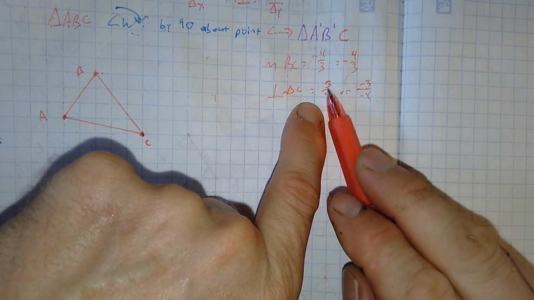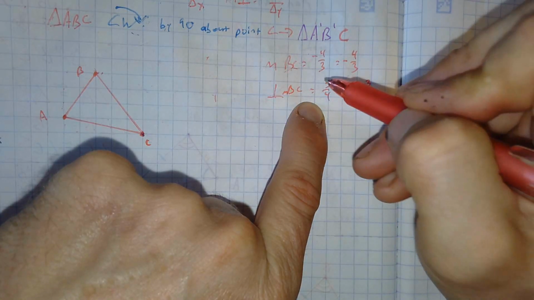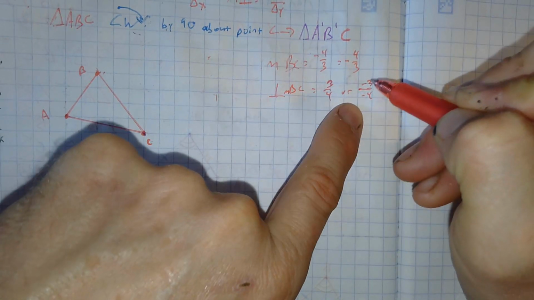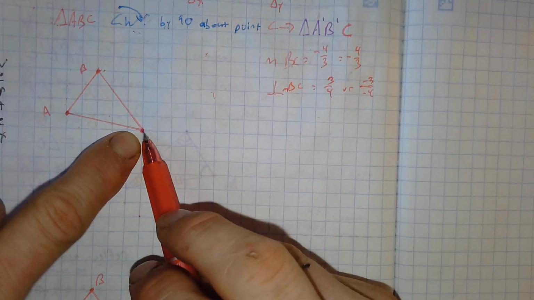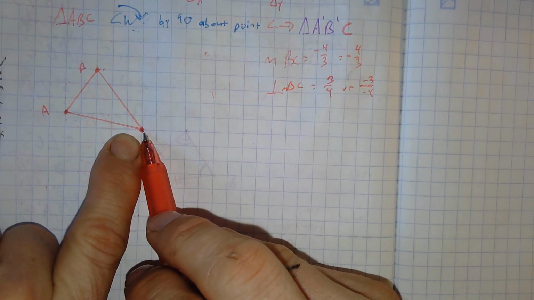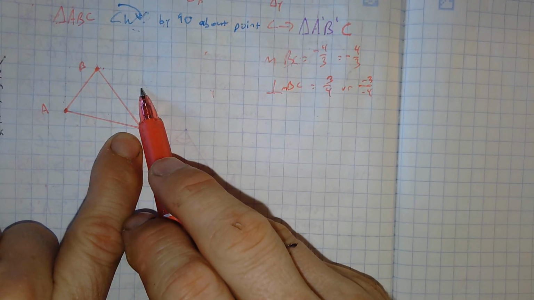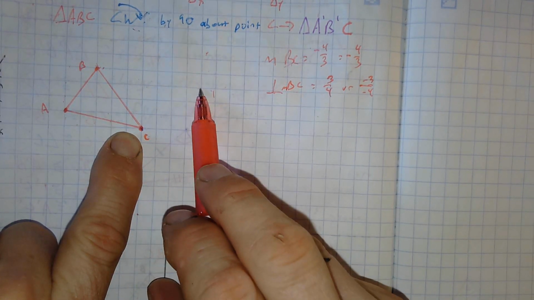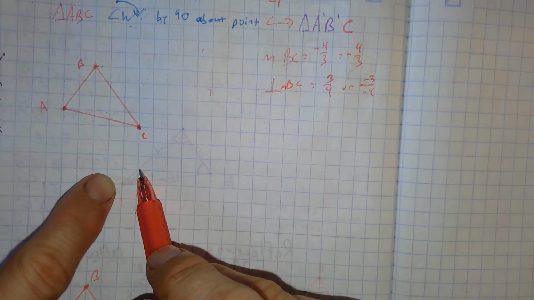When both of these are positive, this is going to be a clockwise rotation. This will be a negative, counterclockwise rotation. Let's look at that. Starting from C, B could be 1, 2, 3 up and over 4, 1, 2, 3, 4, or it could be 3 down and to the left 4.